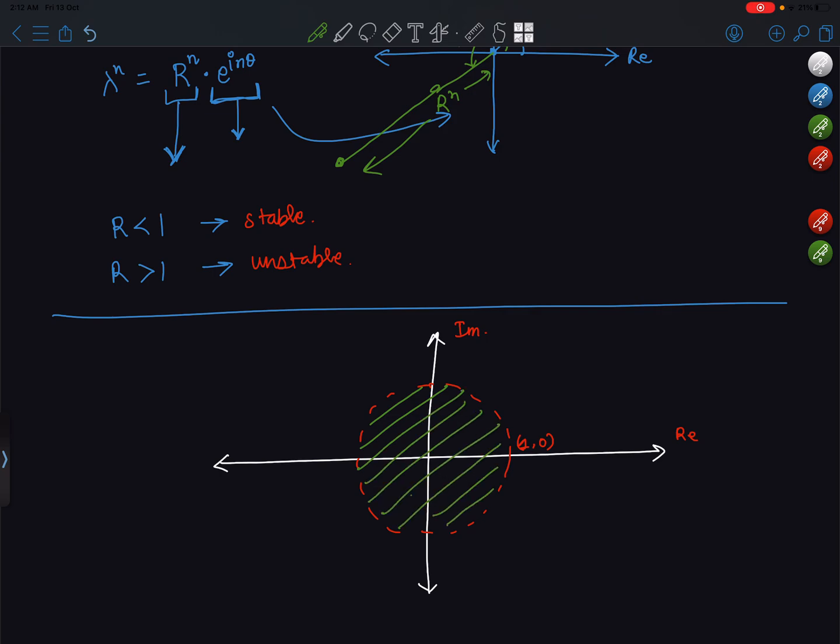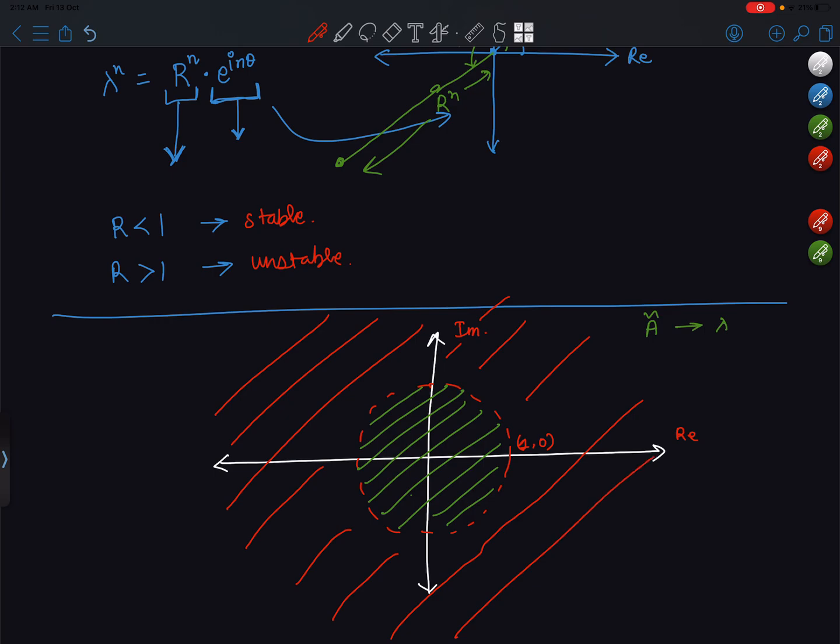So if we have an A tilde matrix such that its eigenvalues are all inside this circle, then we can say that the system is stable. If any one of them is outside this circle, then we'll say that it is unstable. Okay, so I'll just write stable and unstable.